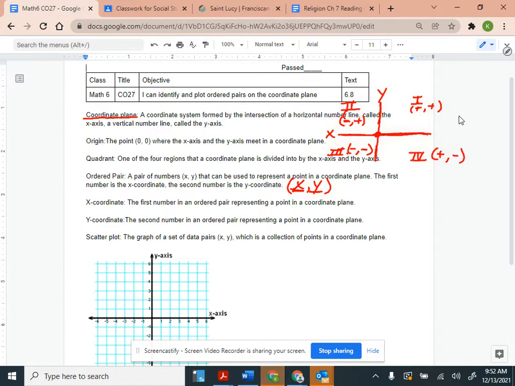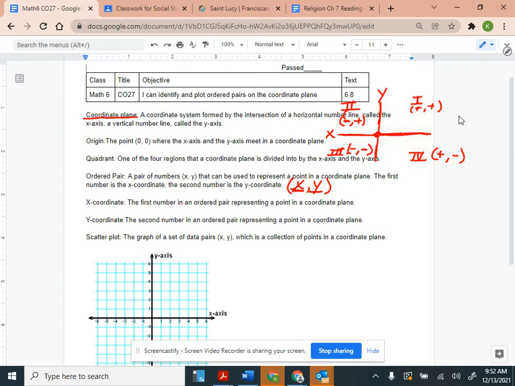I know we talked about it at the very beginning of the year when we were doing the power standards test from 5th grade. We had the graphing on there, and you'll notice I have it on my math word wall. We have our coordinate plane.